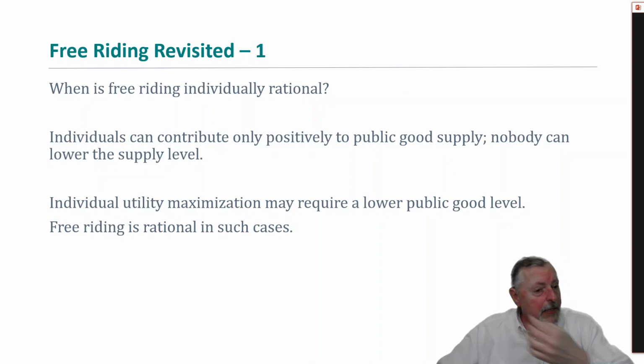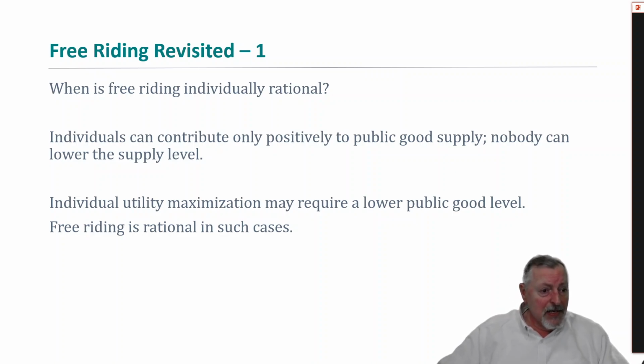Okay. This introduces another constraint, which is why in the very first slide I showed you was multivariable optimization with constraints. This constraint is that an individual can only supply a non-negative quantity of the public good.